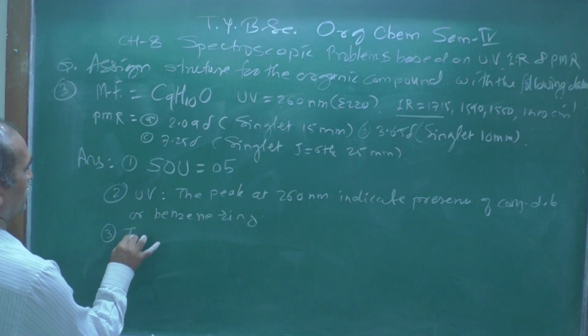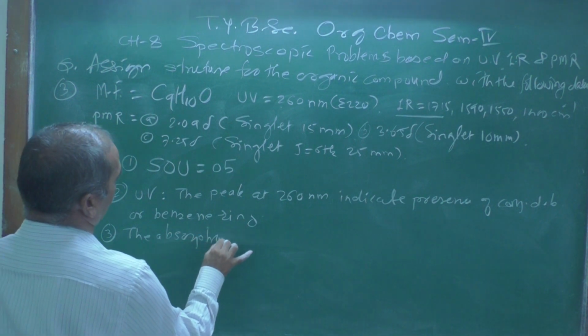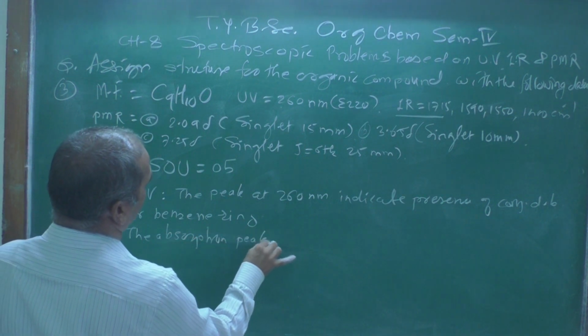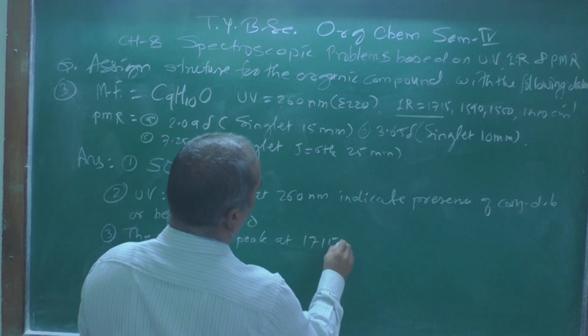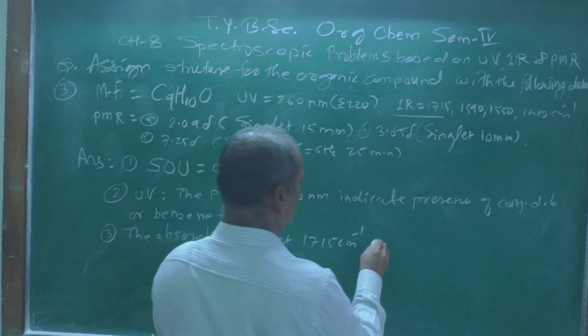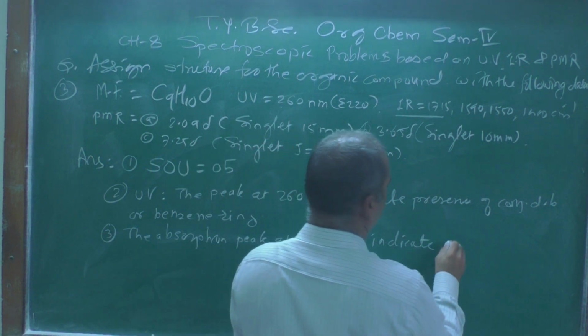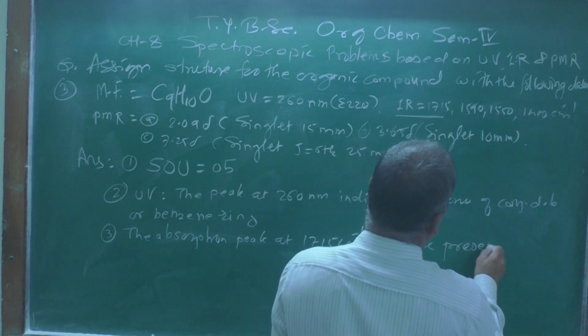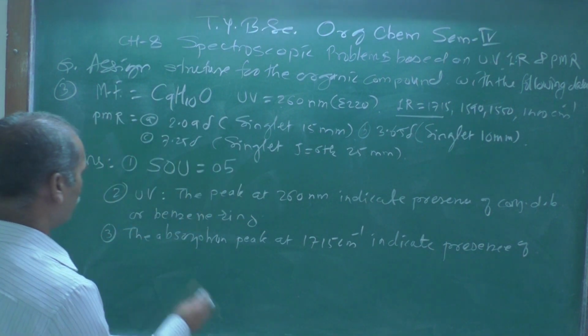In the IR, the absorption peak at 1715 per centimeter indicates the presence of a carbonyl group.